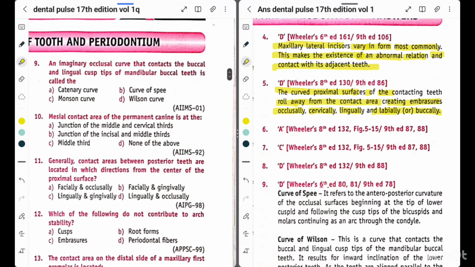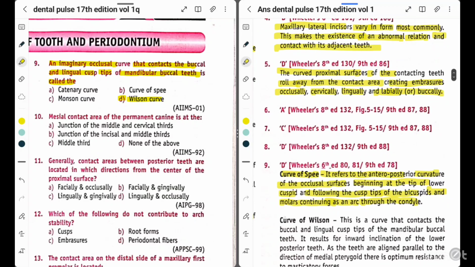Now question 9. An imaginary occlusal curve that contacts the buccal and lingual cusp tips of mandibular buccal teeth is called the. So its answer is Wilson curve. Curve of Spee refers to the anteroposterior curvature of the occlusal surfaces beginning at the tip of the lower cuspid and following the cusp tips of the bicuspids and molars, continuing as an arc around the condyle.